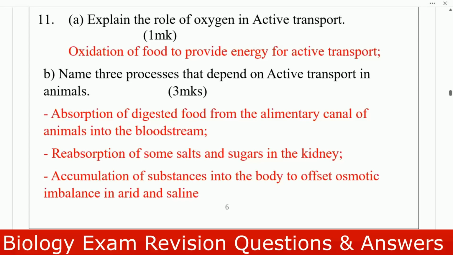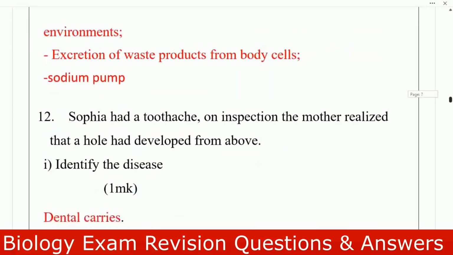Number 2, reabsorption of some salts and sugars in the kidneys. Next, accumulation of substances into the body to offset osmotic imbalance in arid and saline environments. Then, excretion of waste products from body cells.